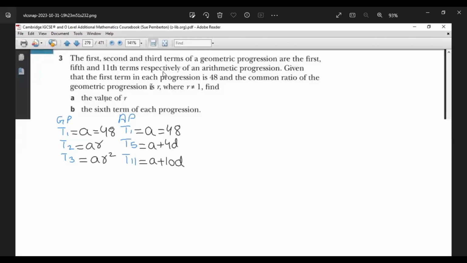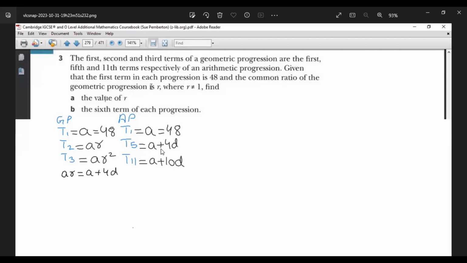So now what will we do in order to get this working? First of all, we are going to do the comparison, and as they have given us the value of the first term, I'm going to plot it. T2, that is AR of the geometric progression, is equal to T5 of the arithmetic progression, A plus 4D.